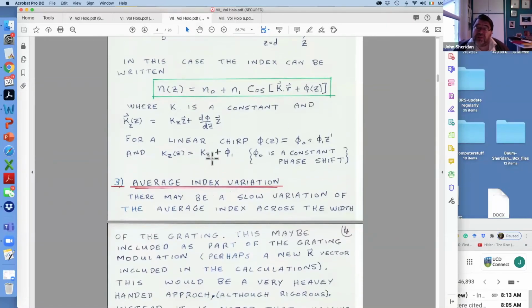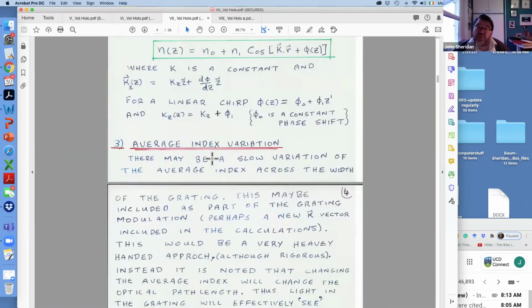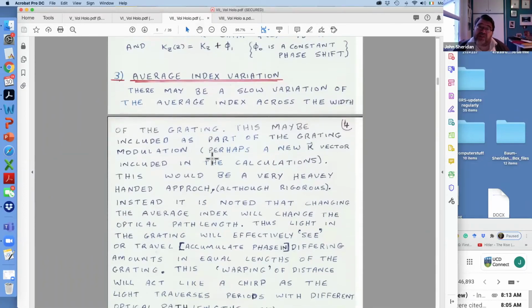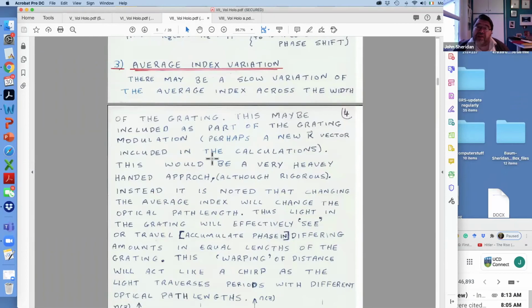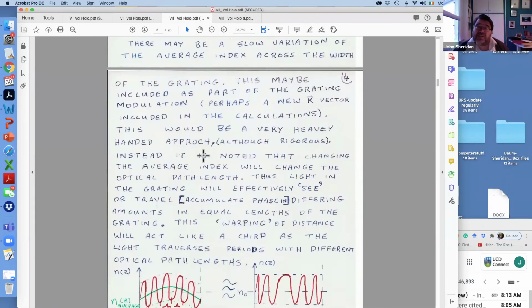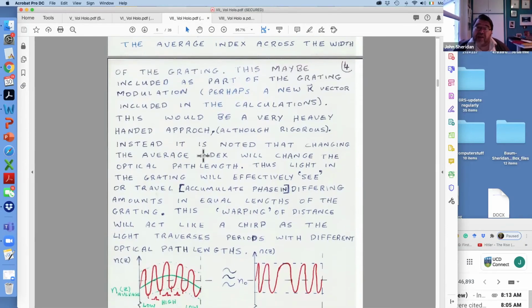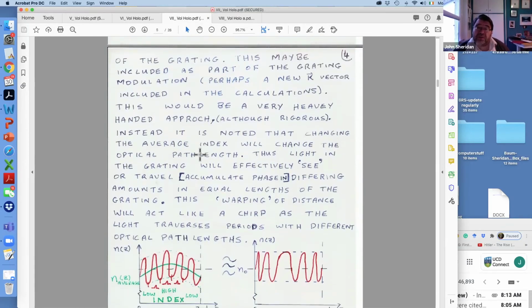So we've got two of them, the taper and the chirp. An average index variation: there may be a slow variation of the average index across the width of the grating, and this may be included as part of the grating modulation, perhaps with a new K vector included in the calculation. This would be a very heavy-handed approach, although rigorous.